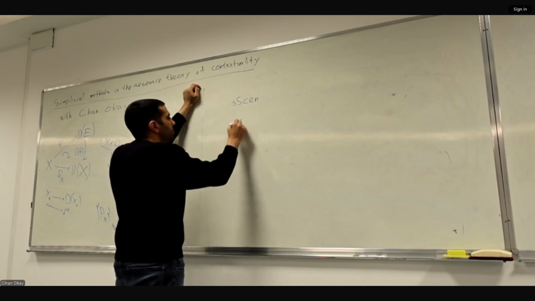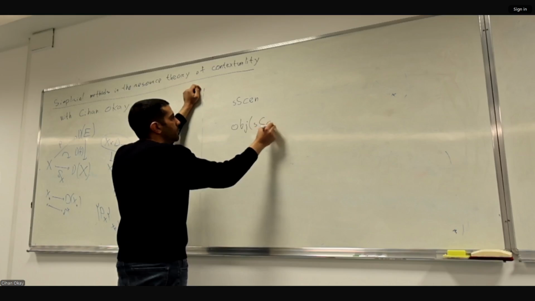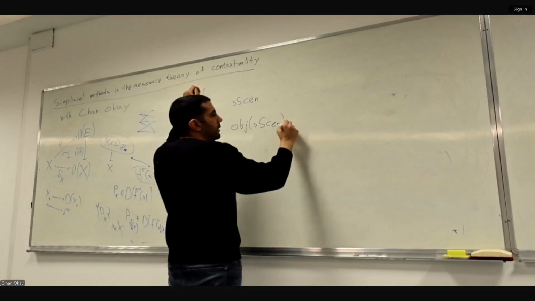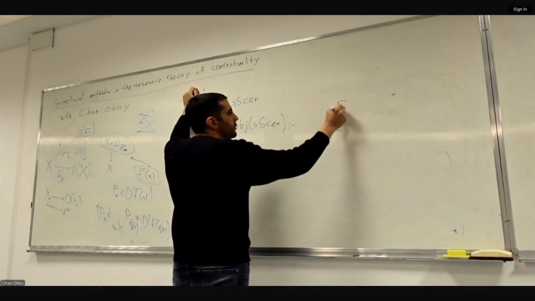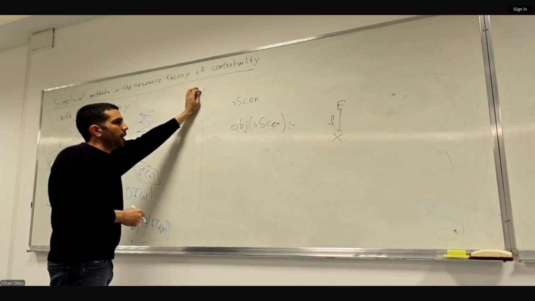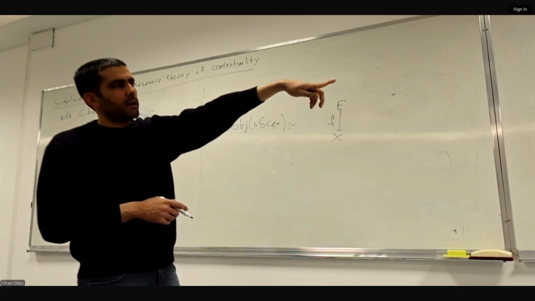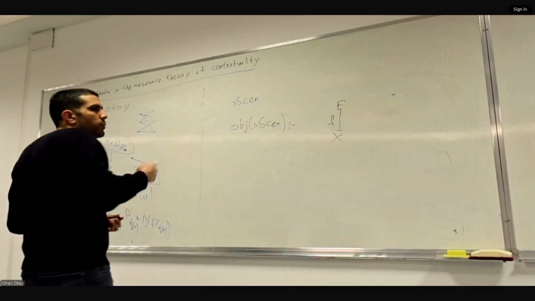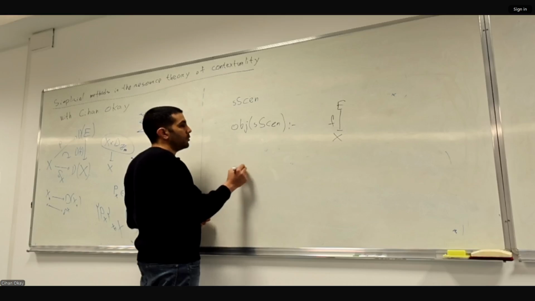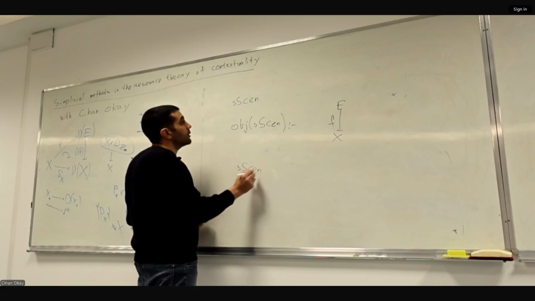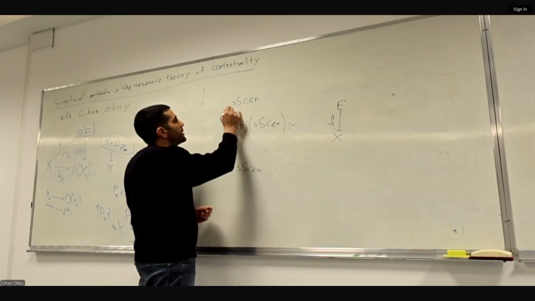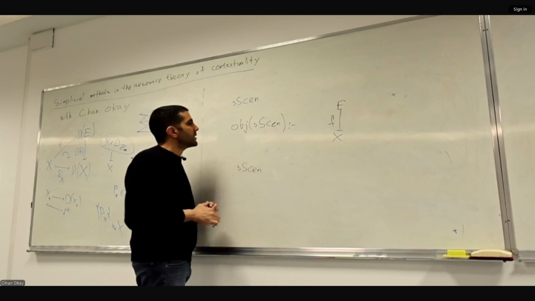The objects of this category we want to be only simplicial bundle scenarios, and the morphisms as we explained there. But of course, we need to explain the composition.